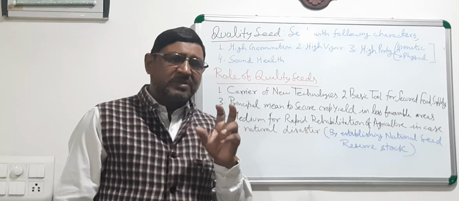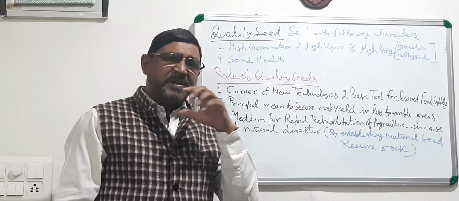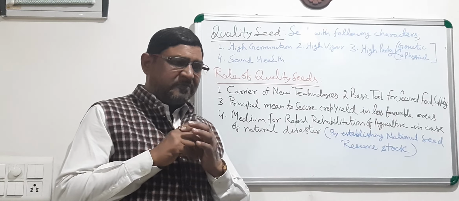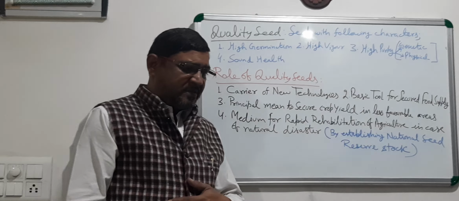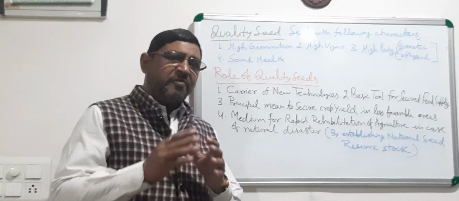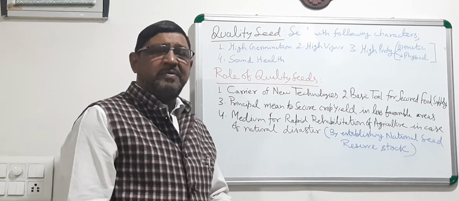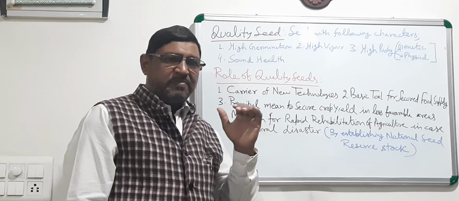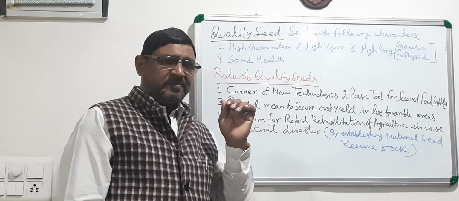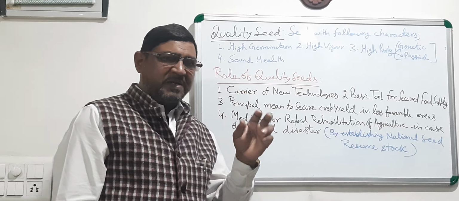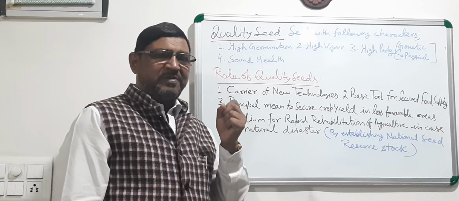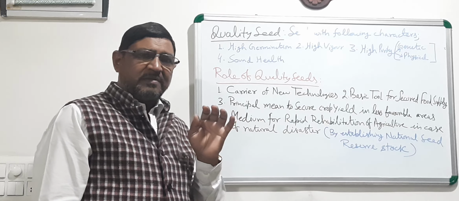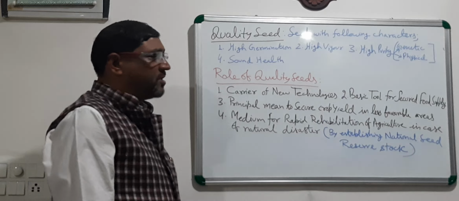According to the Seed Act, the minimum seed standards have been formulated for each and every crop, so that we must know the minimum seed standards of different crops: how much germination percentage, how much moisture it should have, how much genetic purity, everything has been described in that.